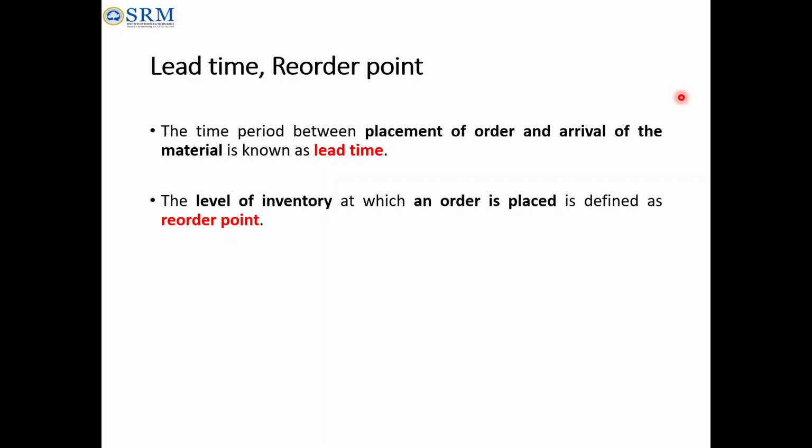So, at what level of inventory we have to order, that is your reorder point. When we are placing the order, what is the level of inventory, that is your reorder point. So lead time is the placement of order and the arrival of the material, and reorder point is the inventory level when the order is placed.